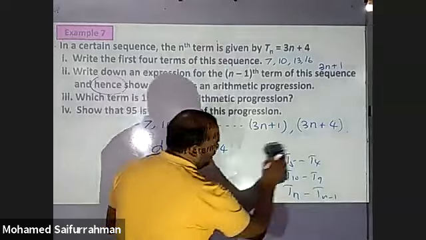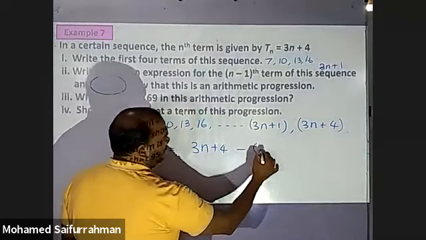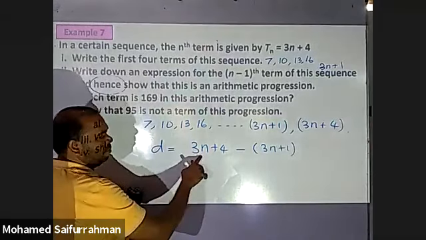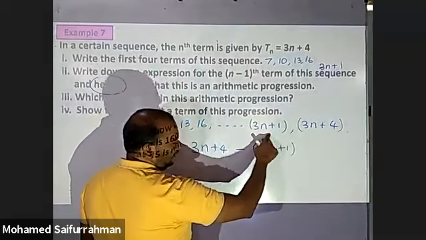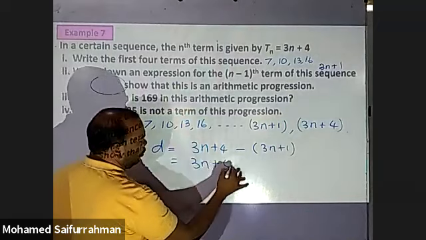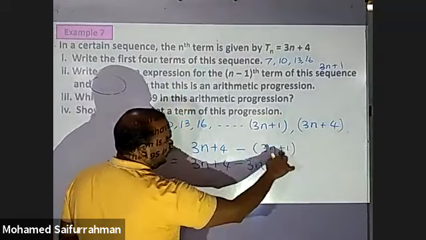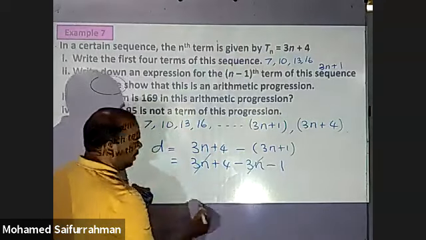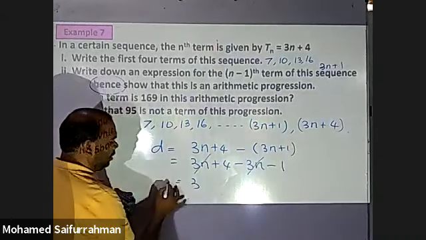So that's why here, nth term minus preceding term. So 3n plus 4, removing the bracket, minus into plus, 3n minus 3n cancel, 4 minus 1, answer.